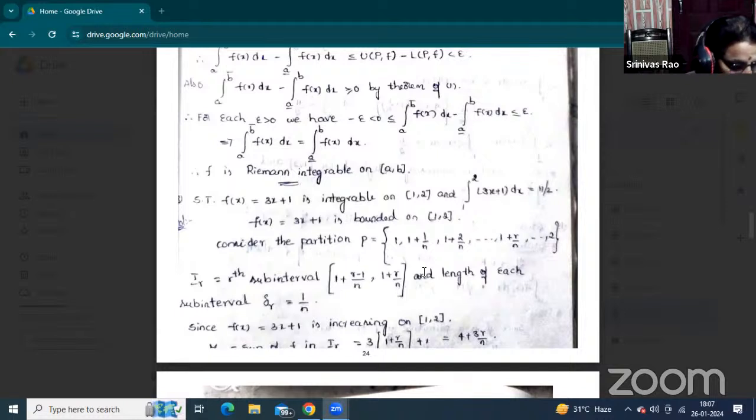Every partition set must be represented as the rth subinterval, I_r, denoted by 1 plus r minus 1 by n and 1 plus r by n.